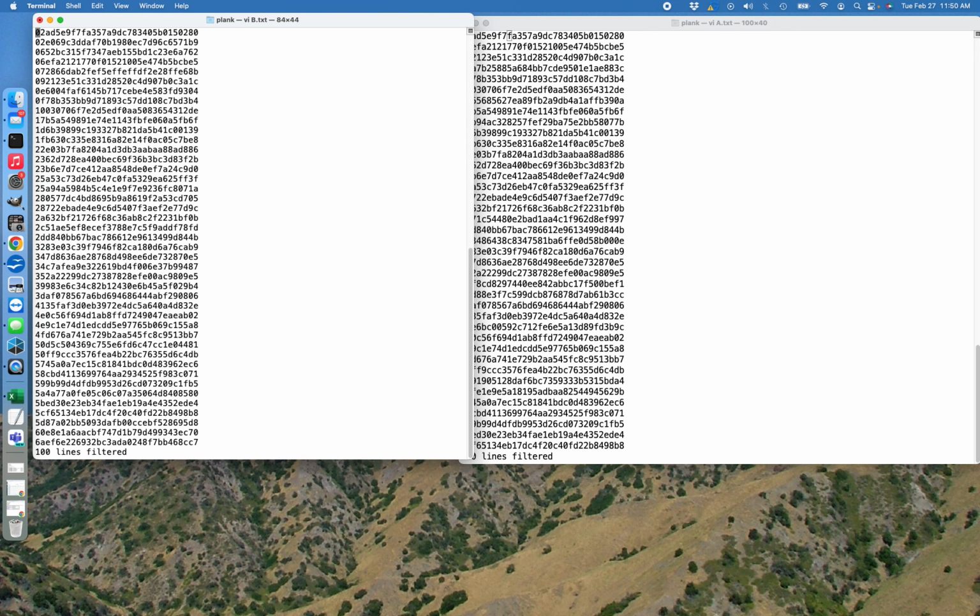Would you not be able to just sort the original set and find out if they have the same minimum in the original set? Yeah, although this works with general values. So maybe your values are pages or something that's really big that you don't want to sort. So you're absolutely right. You could sort the values.